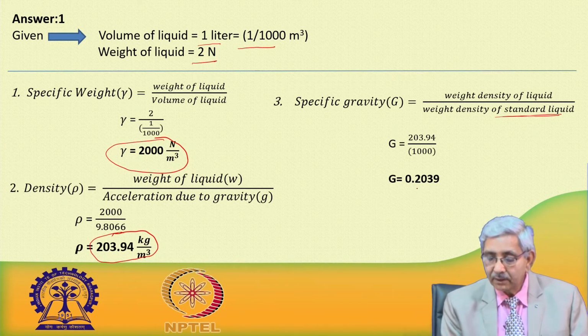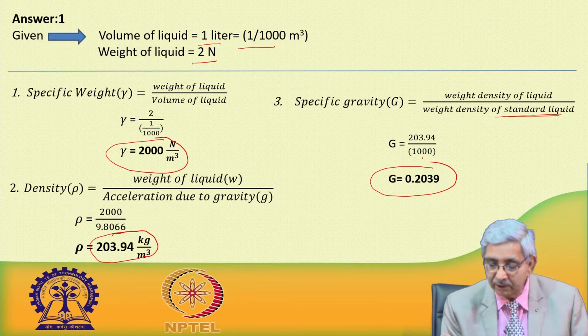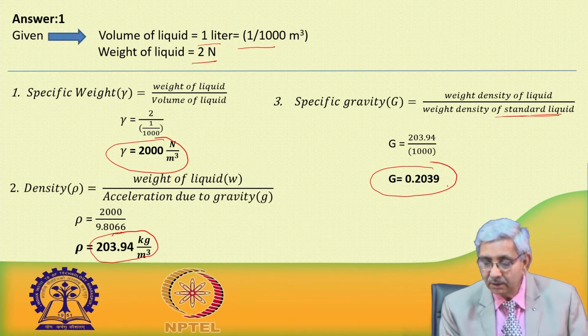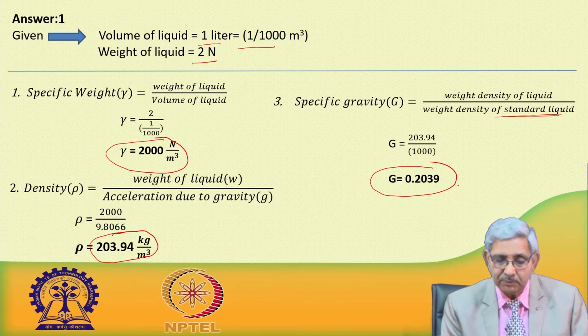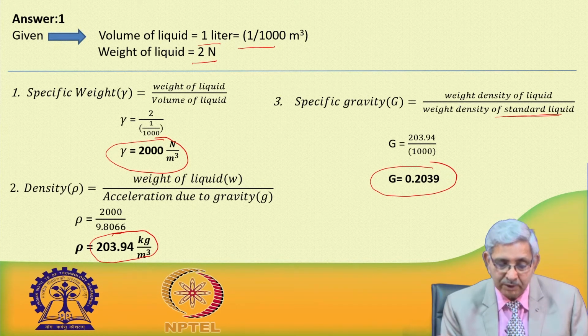So, when we work it out, we get the specific gravity of this liquid as G equal to 0.2039. This is the value. So, in this example, there is a simple unit conversion.